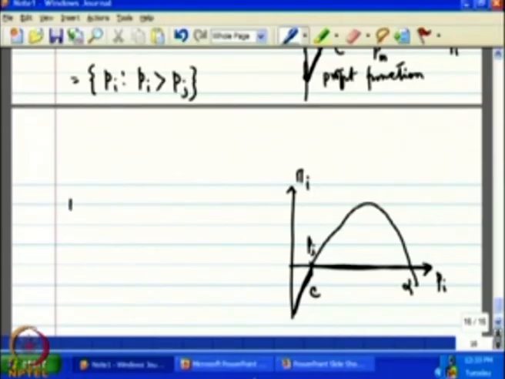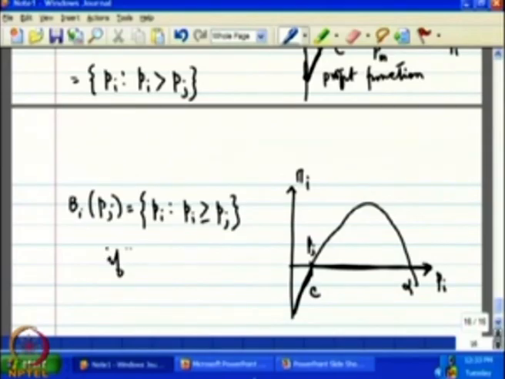So, Pi is such that Pi is greater than or equal to Pj, if Pj is equal to C.